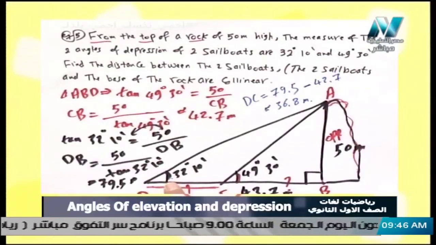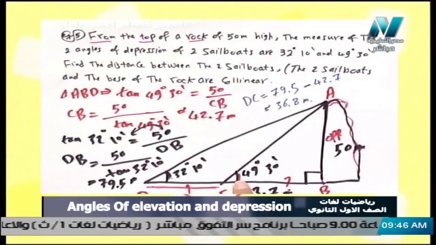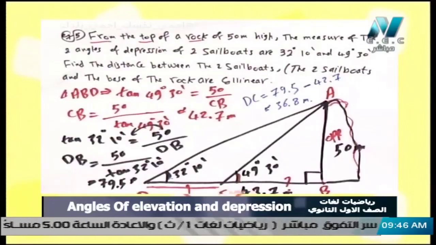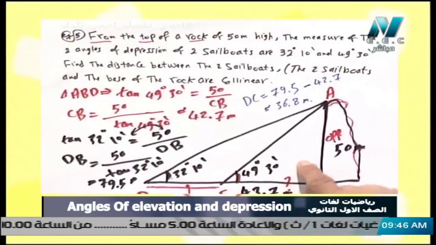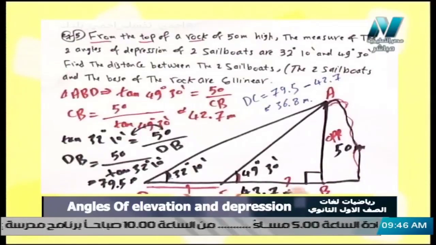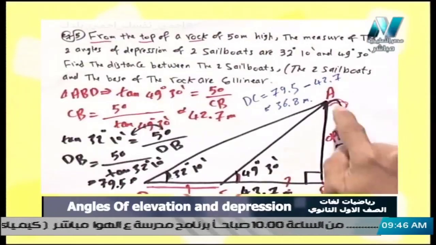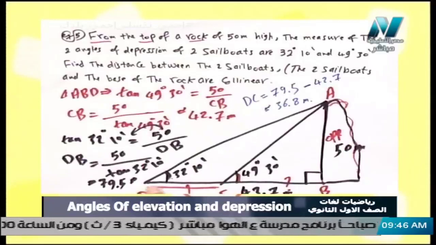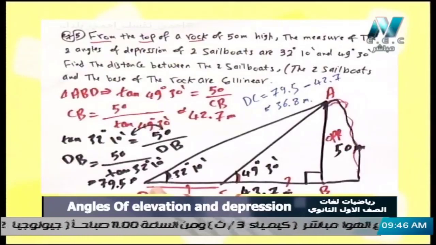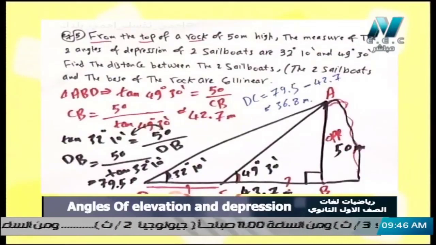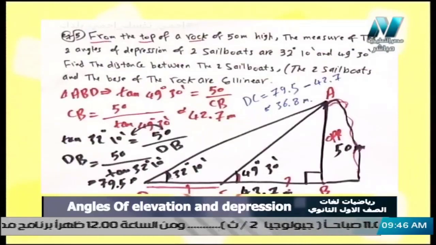So the angle here is small. We deal with triangle ABC first to find CB, and we deal with triangle ABD to find the length of DB, and by subtracting we will find easily the length of DC.